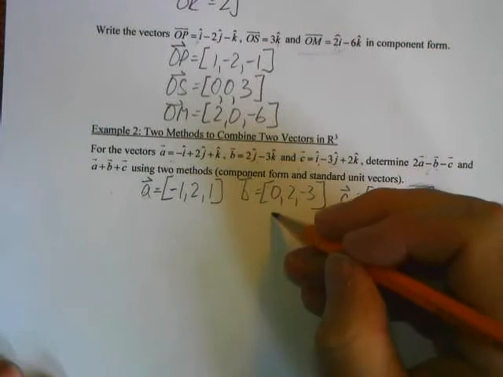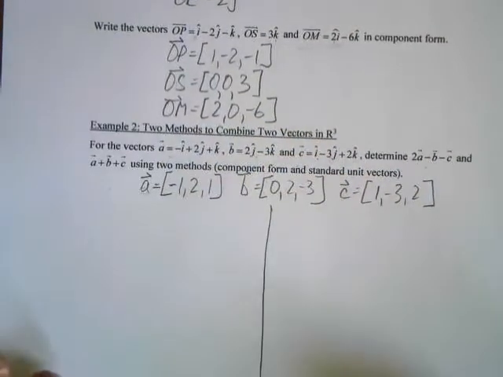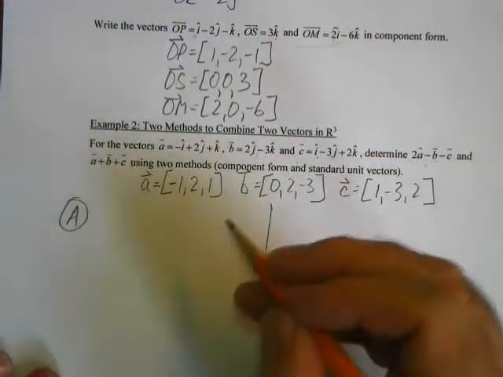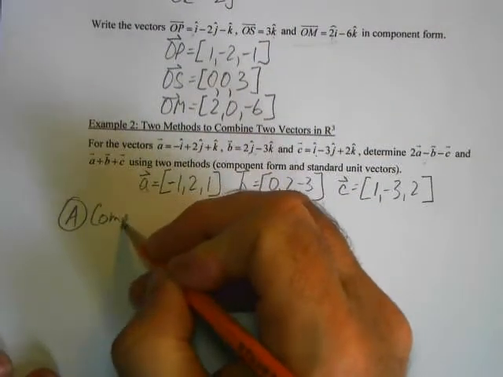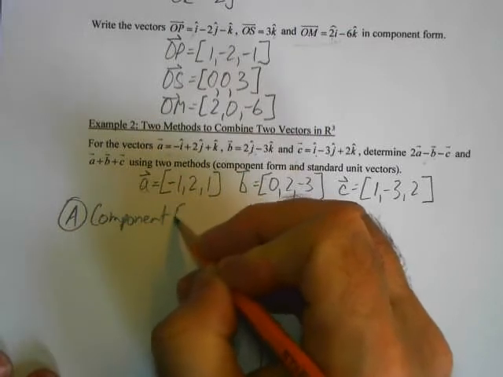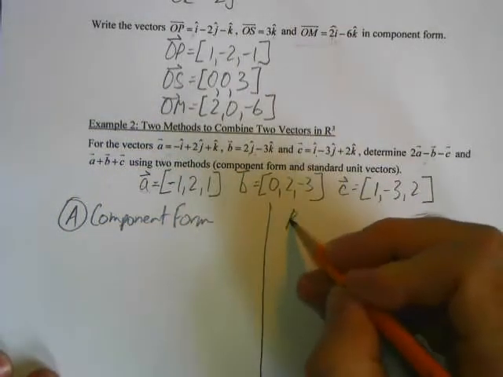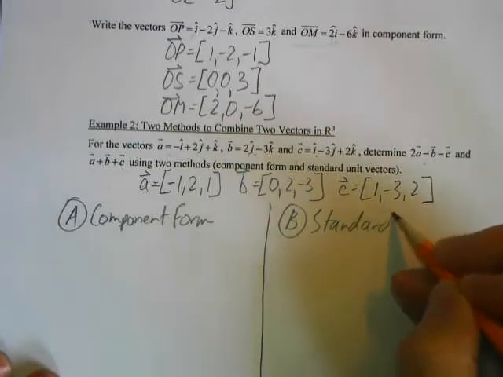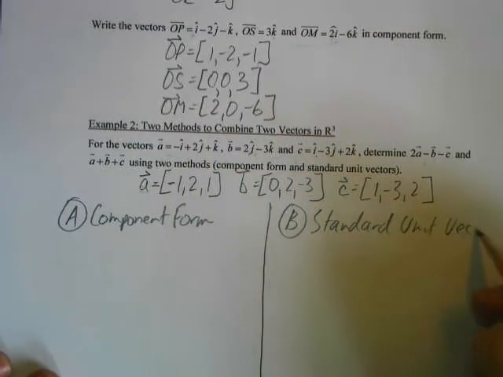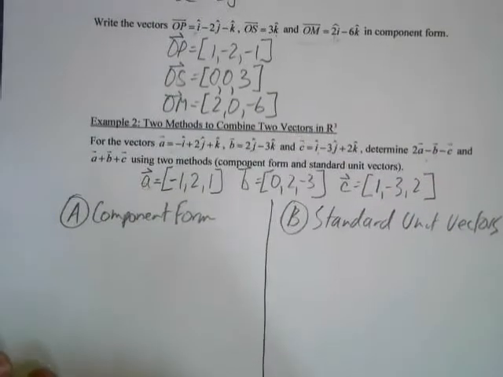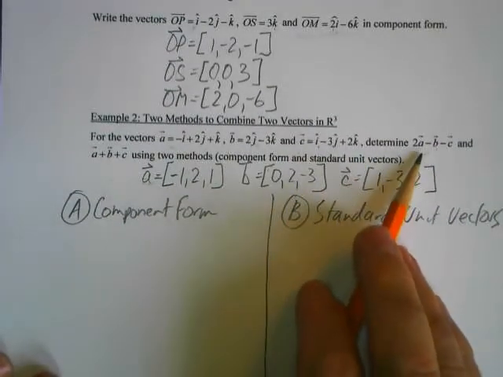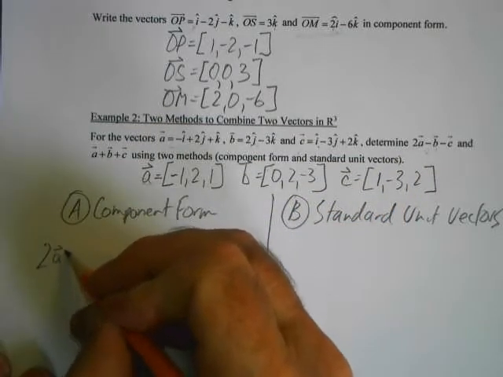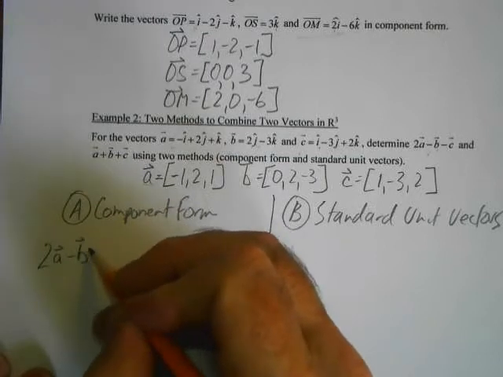Okay, so now I'm going to answer the question with two different processes. The first one, we're just going to use component form. And the second one, we'll use the standard unit vectors. Okay, so we want 2a minus b minus c.